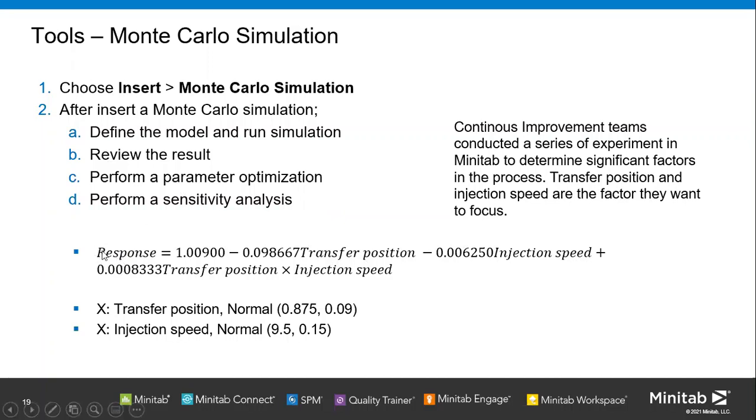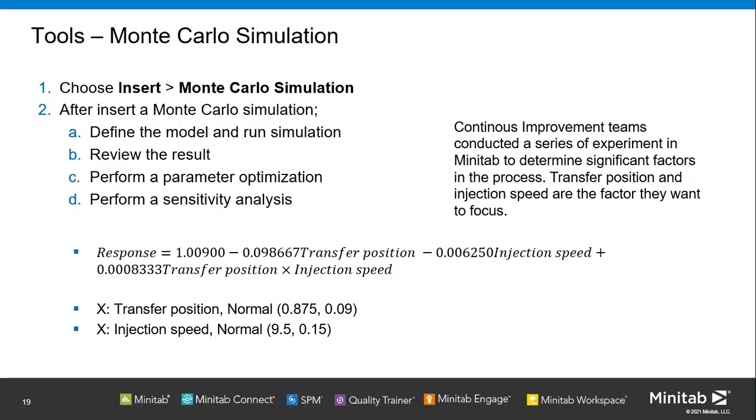Once you get this output, you might use the Monte Carlo simulation. The first thing you need is the model before you go for the Monte Carlo simulation. If you don't have this model, you are not able to simulate your process or your data, so you're not able to use the Monte Carlo simulation.